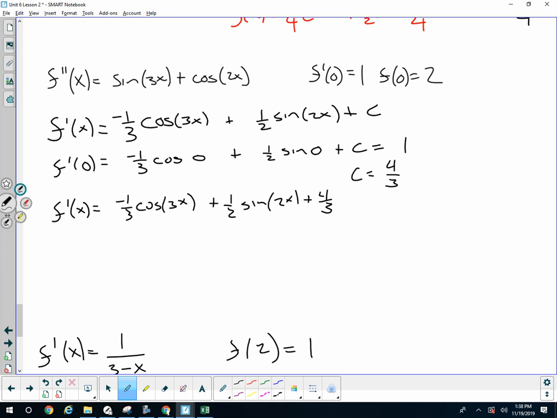We now need to go one extra step to find f of x. And we are going to make sure we continue to remember I need a 1/3 when I take this antiderivative of cos 3x. I'll need a 1/2 when I take the antiderivative of sine. Oops.